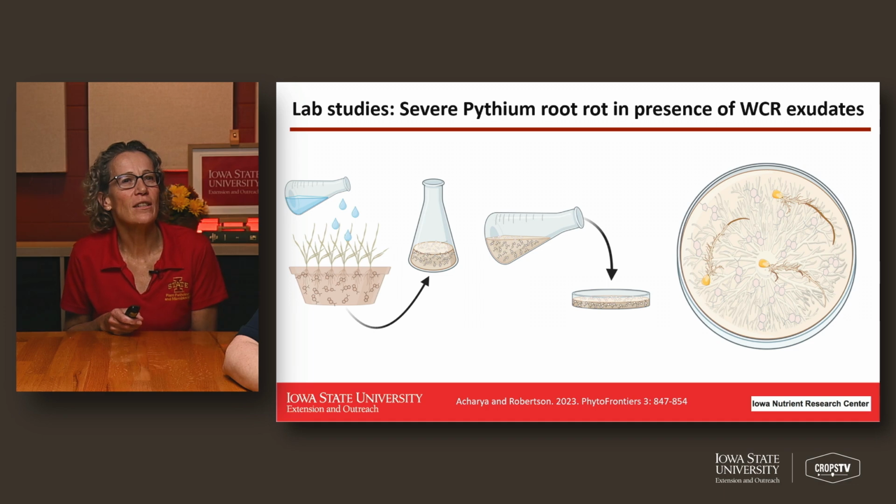And we started this work actually in the lab. There was a scientist working in my lab, Jyotsna Acharya, and she started this work where she grew rye seedlings in pots.